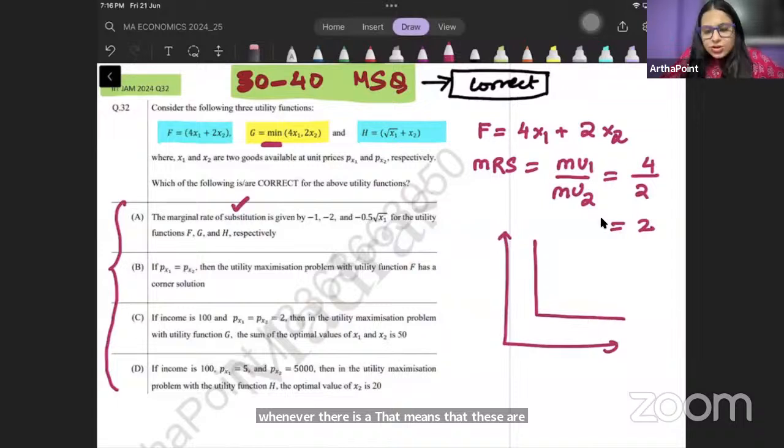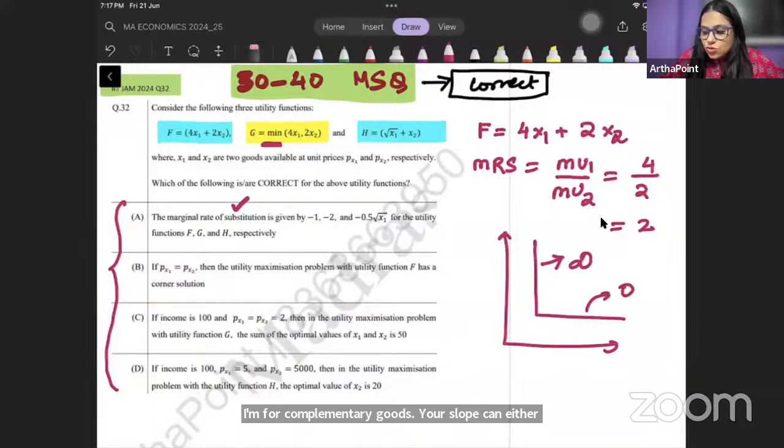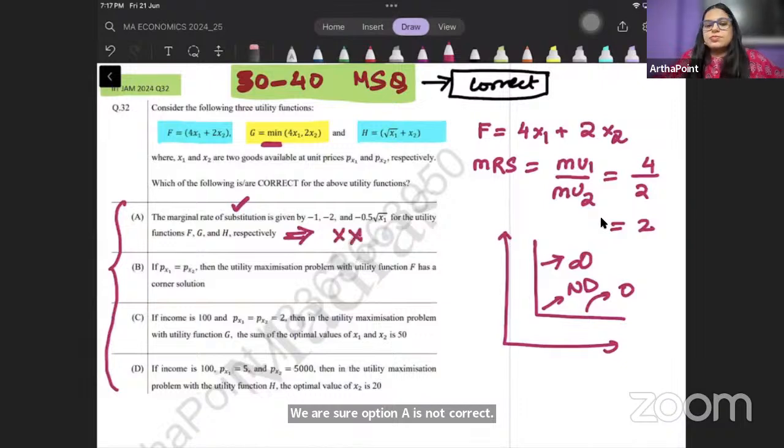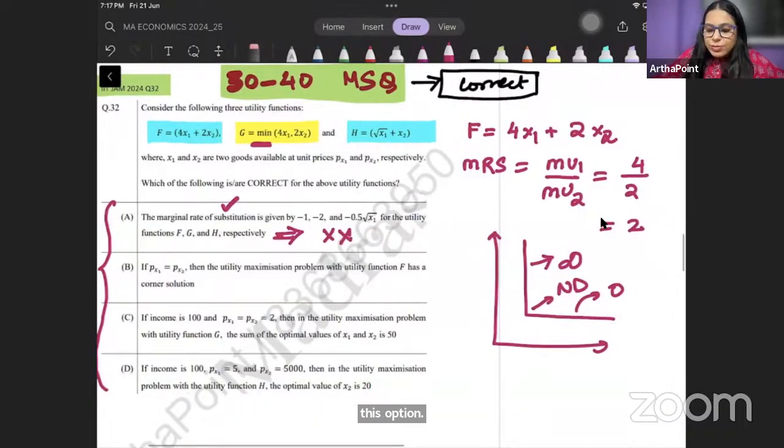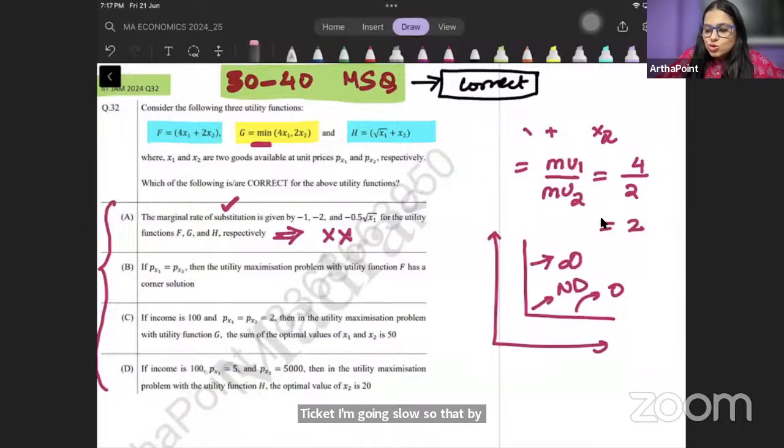And for complementary goods, your slope can either be infinity, 0 or not defined. यही 3 slopes थे for complementary goods. So all of you are correct that option A is not correct at least. We are sure option A is not correct, so we can eliminate this option. Correct. Okay. I'm going slow so that by that time you can solve this question on your own.